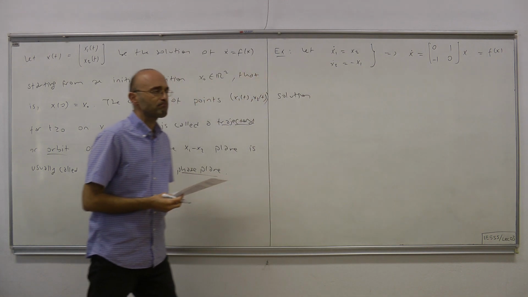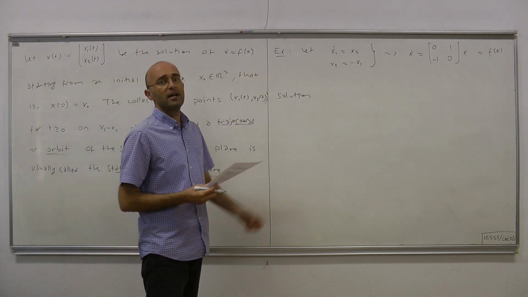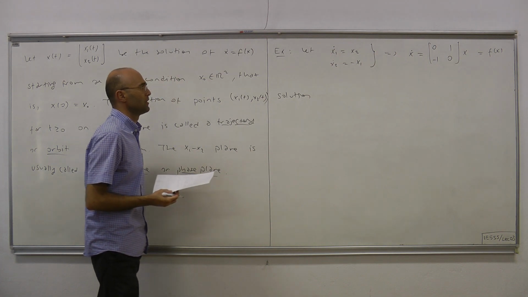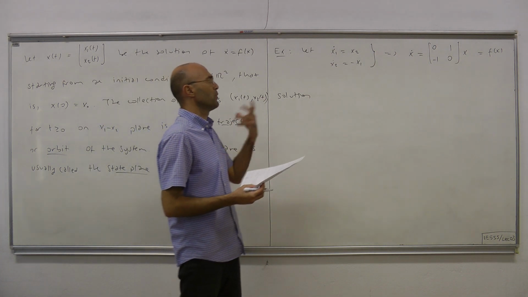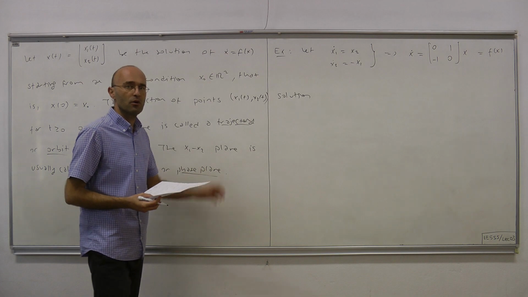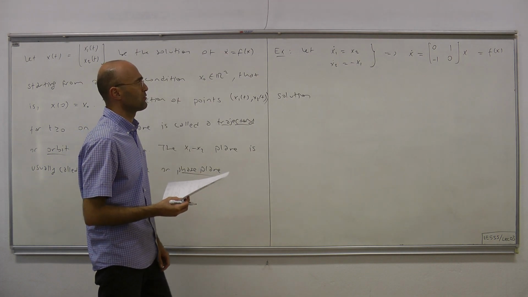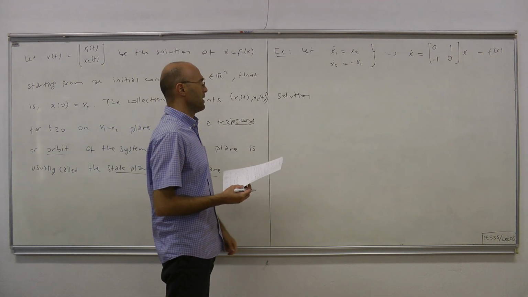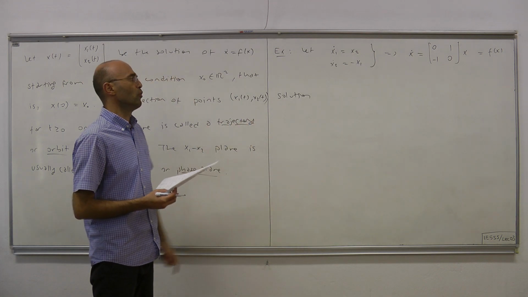Now, the solution to this we can write explicitly. One nice thing about linear systems is that we can always write down the solution in terms of standard functions: exponentials, sinusoids, polynomials, and so on.